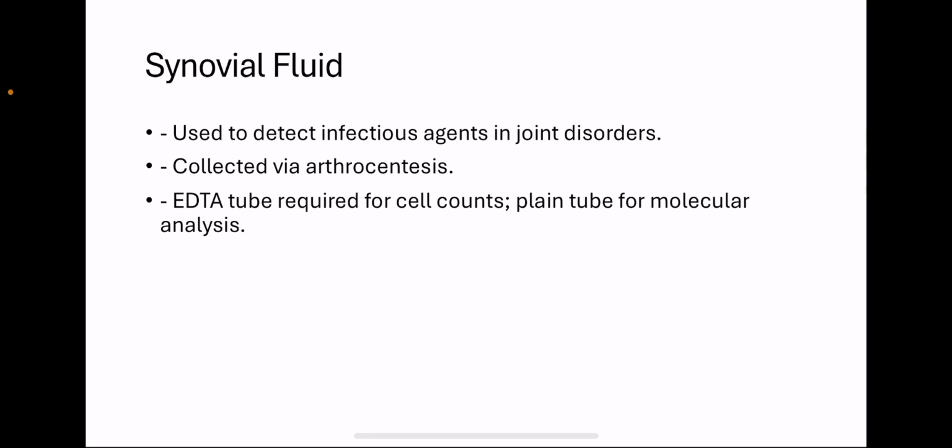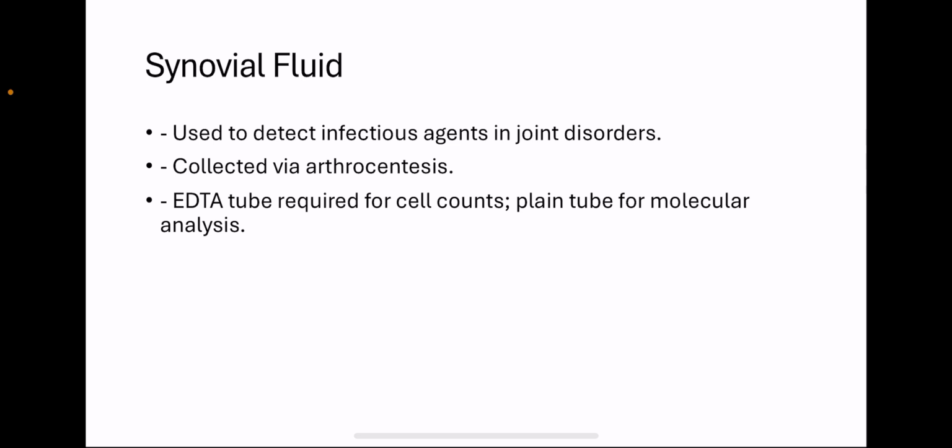For synovial fluids, they are analyzed for infectious causes of arthritis, including Lyme disease and staphylococcal infections. They're obtained via arthrocentesis. Samples should be collected in sterile tubes and evaluated microscopically and molecularly.